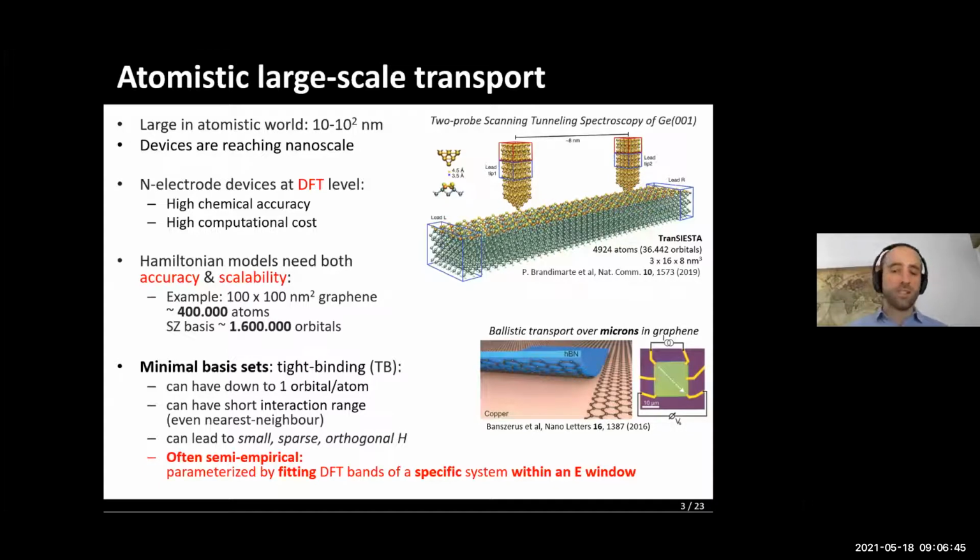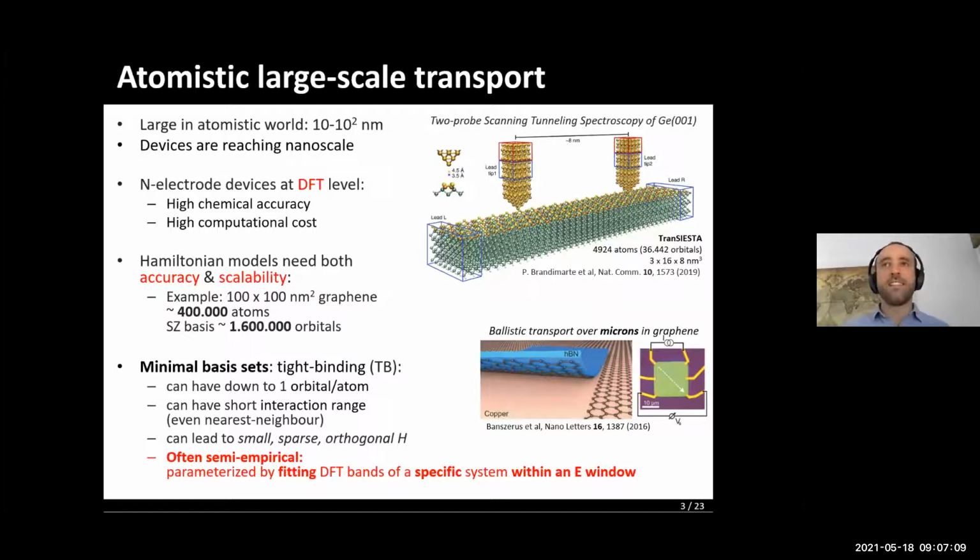Depending on the system, of course, and on what one is interested in, one can even reach models which have only one orbital per atom and a very short interaction range. And that leads, of course, to a very efficient Hamiltonian matrix. It's small in size, it's very sparse. It can also be orthogonal, depending on the system and on what you want to study.